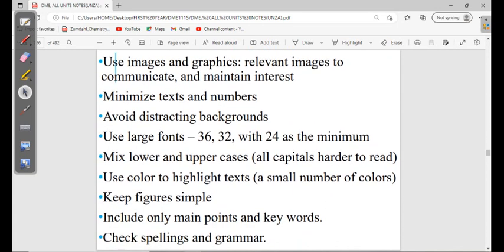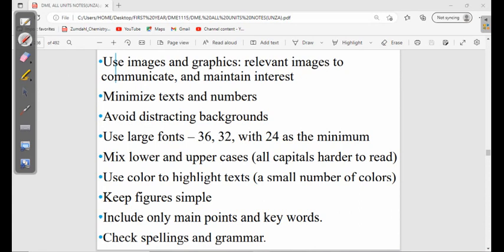You need to make sure that you use images and graphics. These should be relevant images, not just anything. Those you are using should maintain communication and the interest of people, not bring something out of the topic that wouldn't be necessary. So put only what is necessary on the visual aids.